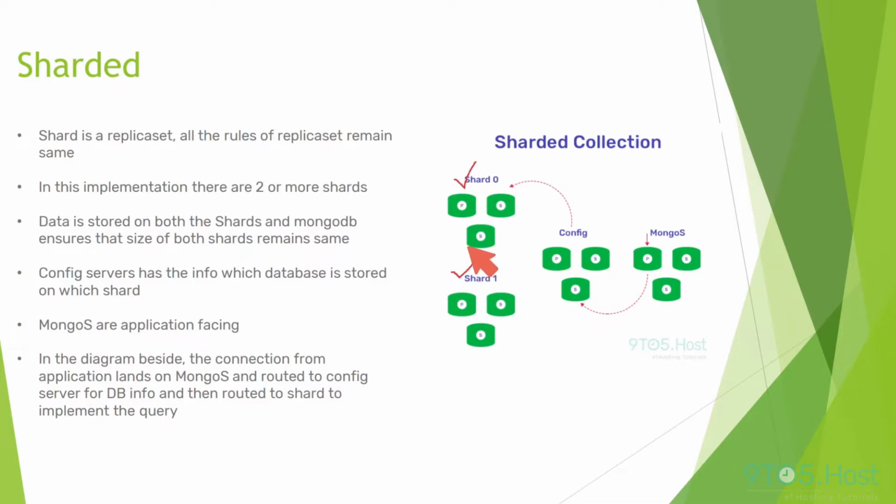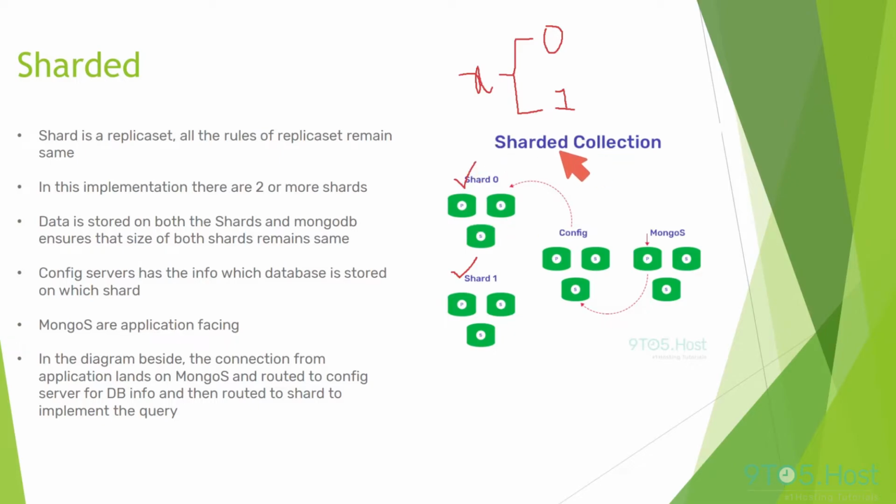In a sharded cluster there will always be more than one shard, shard 0 and shard 1 in this example. MongoDB tries to balance the data between the two shards. For example, if you have 100 GB of data, MongoDB would try to align 50 GB to each of the shards. Shard 0 would have 50 GB and shard 1 would have 50 GB.